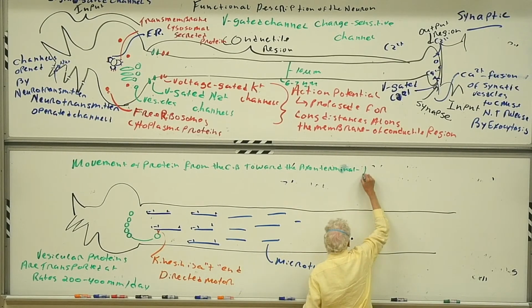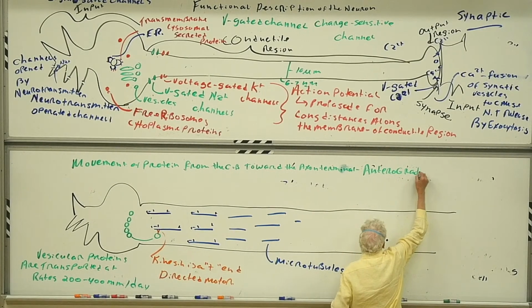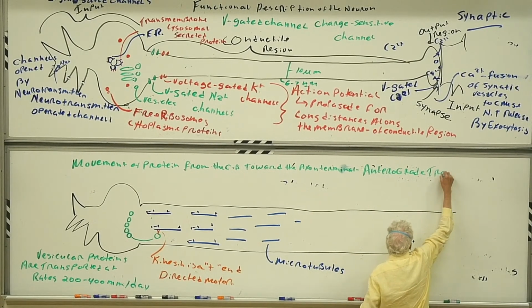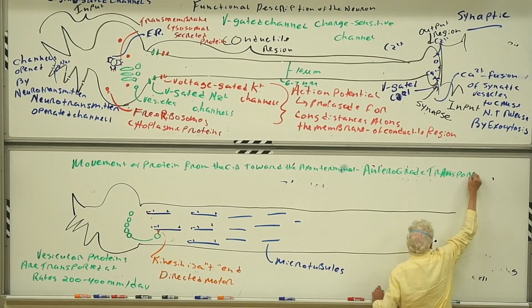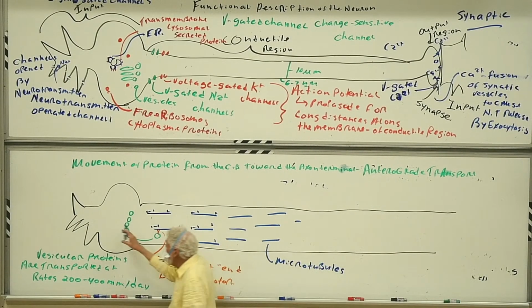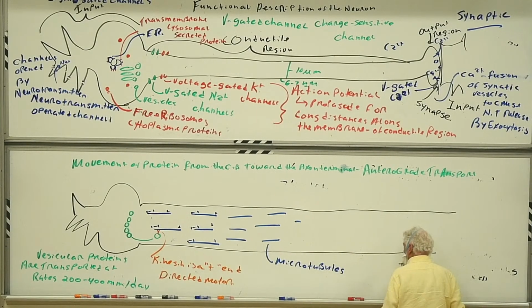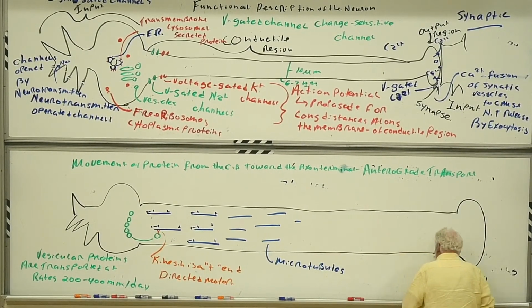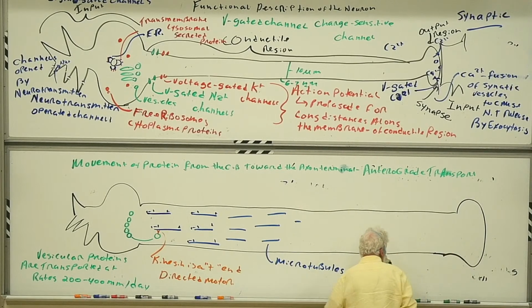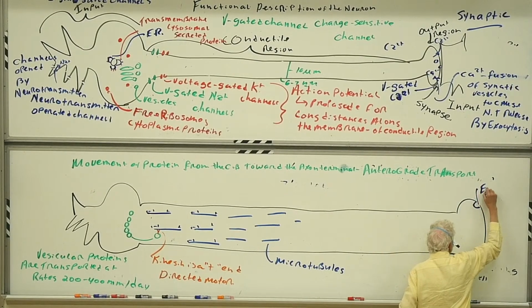It's called anterograde transport. Anterograde is moving from the cell body out toward the terminal, but there's also another form of transport. And the other form of transport is from the terminal, where vesicles are being taken in by endocytosis.